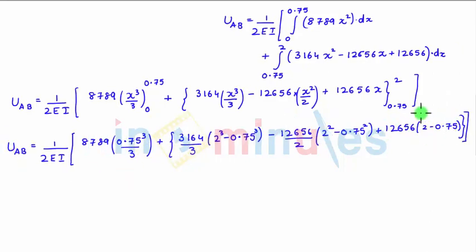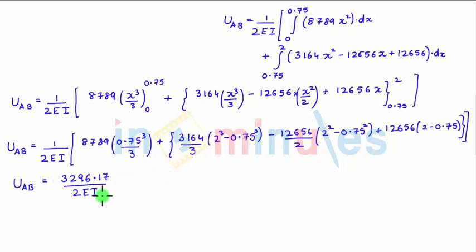So upon solving this, we get the value of UAB as 3296.17 upon 2EI, where this term is in kilonewton meter, since in the loading diagram we had load in kilonewton and distance in meter.